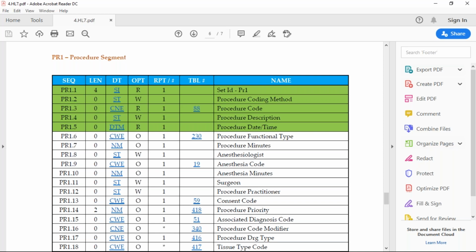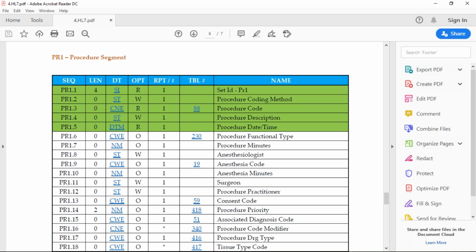That information will be sent in PR1.2, which is not necessary actually, which is why it is withdrawn. All the healthcare systems will use CPT codes only, current procedure terminology. They don't use any other, which is why it is withdrawn. PR1.3 is procedure code, which has a procedure code determined by the CPT library.